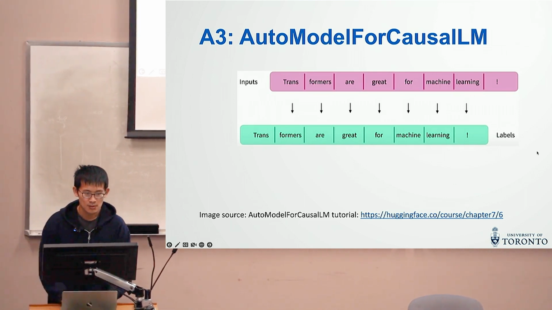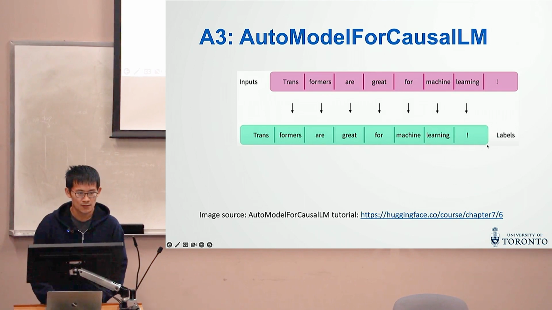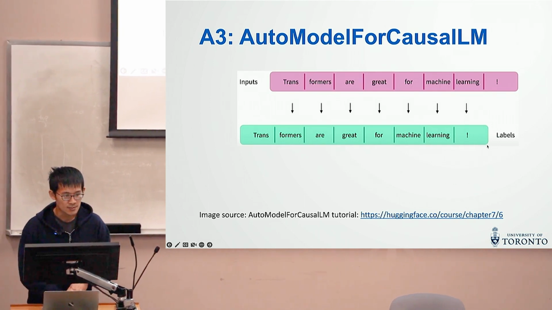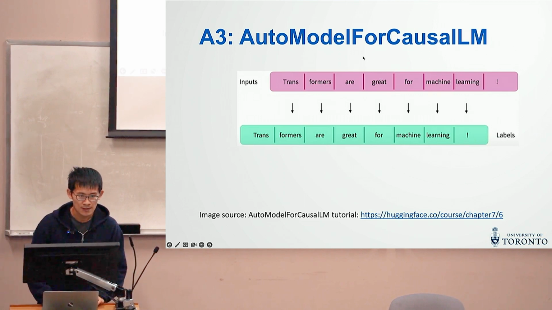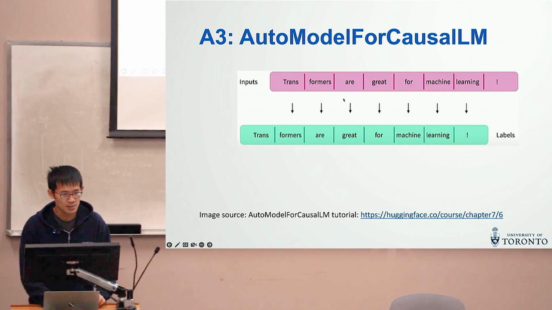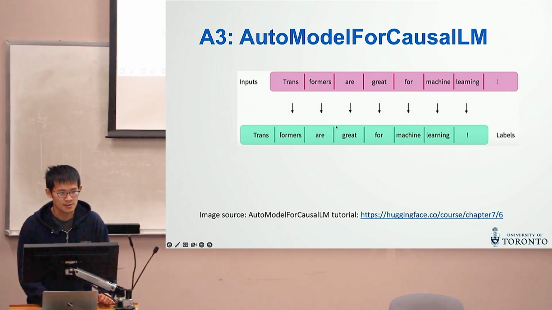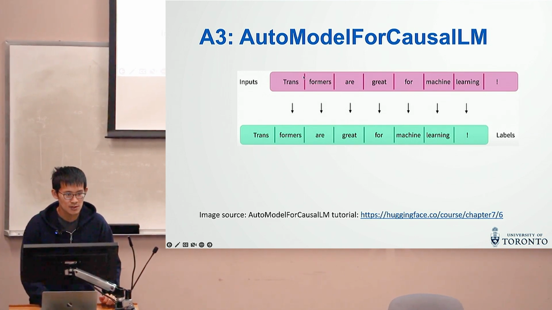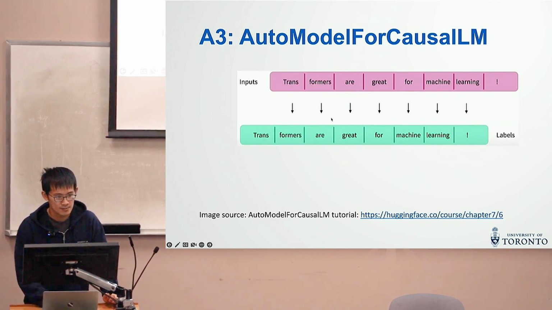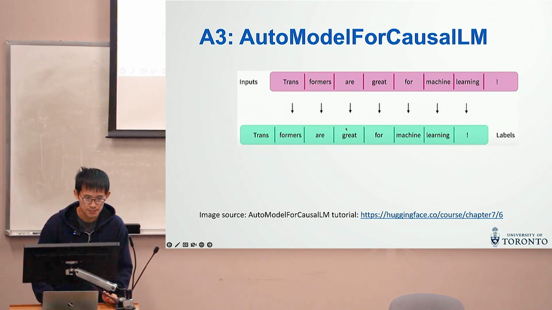The green row is shifted forward by one token, so for every single location in the input, the predicted output is exactly the next token. For example, at this location, the inputs are "transformers are", and the desired output is "grid", which is the next token here.